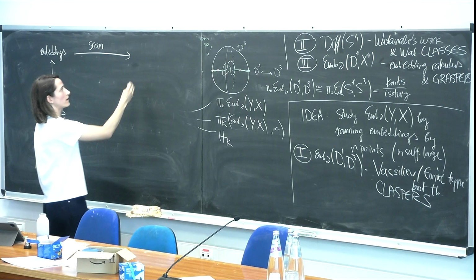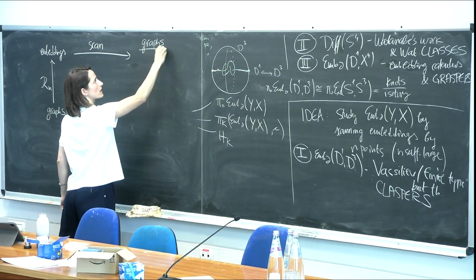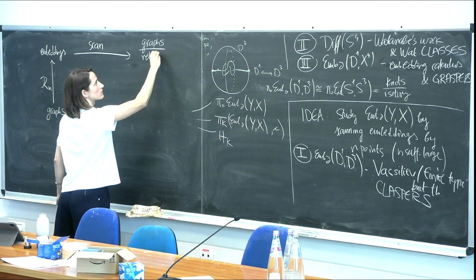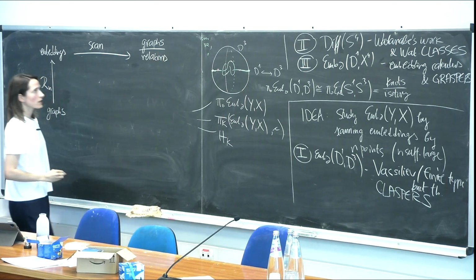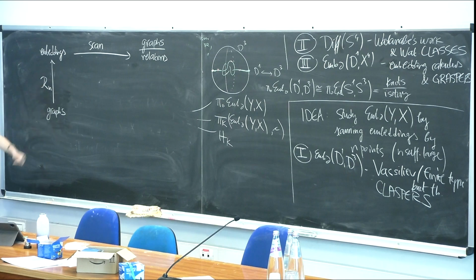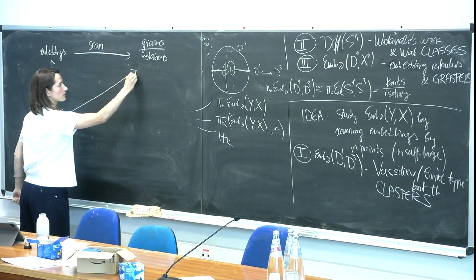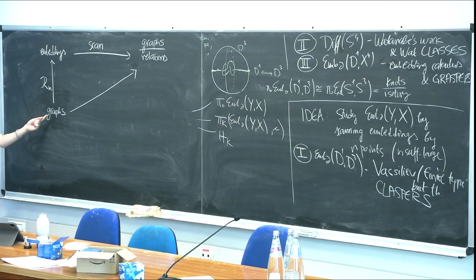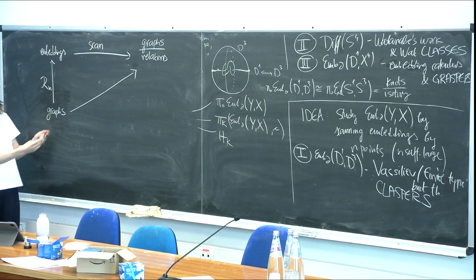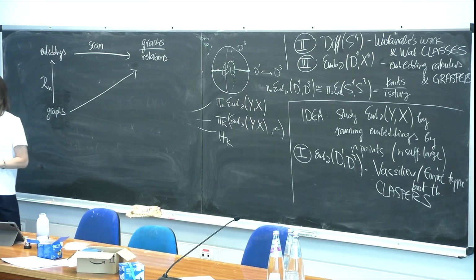And then we'll land here into graphs again, but modulo some relations. Some relations that will make this map well-defined. But what is interesting then is that this composition will be the identity map or the projection map. Like it will send the graph to the class of the graph in that group there, okay?